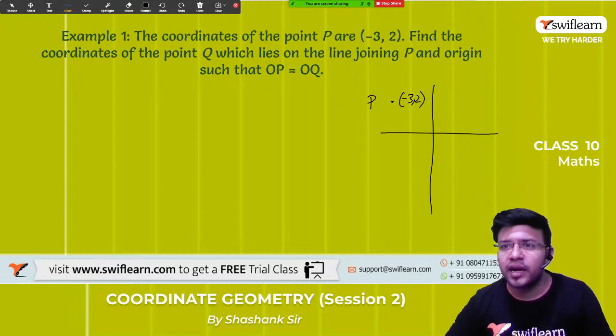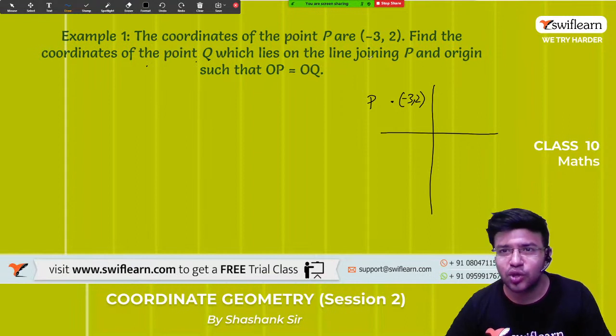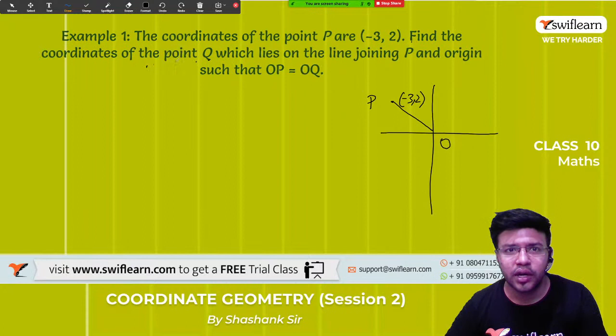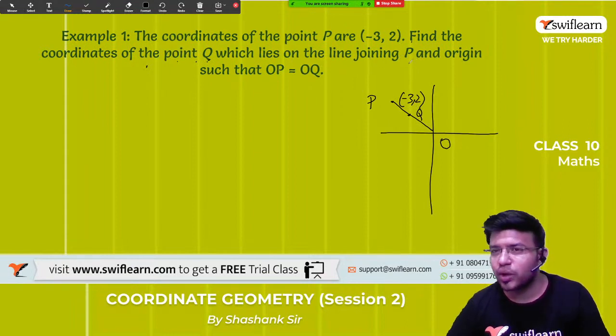Find the coordinates of point Q which lies on the line joining P and origin, such that OP is equal to OQ.